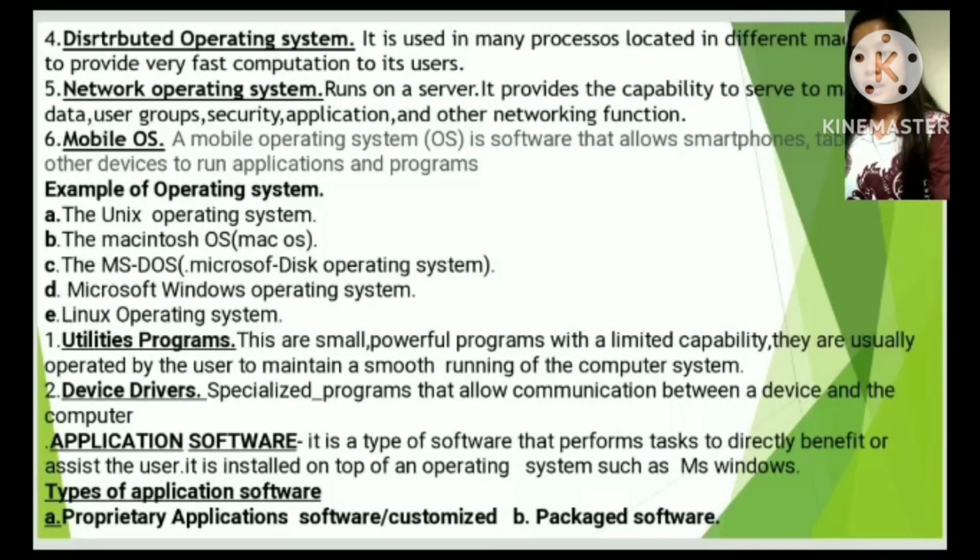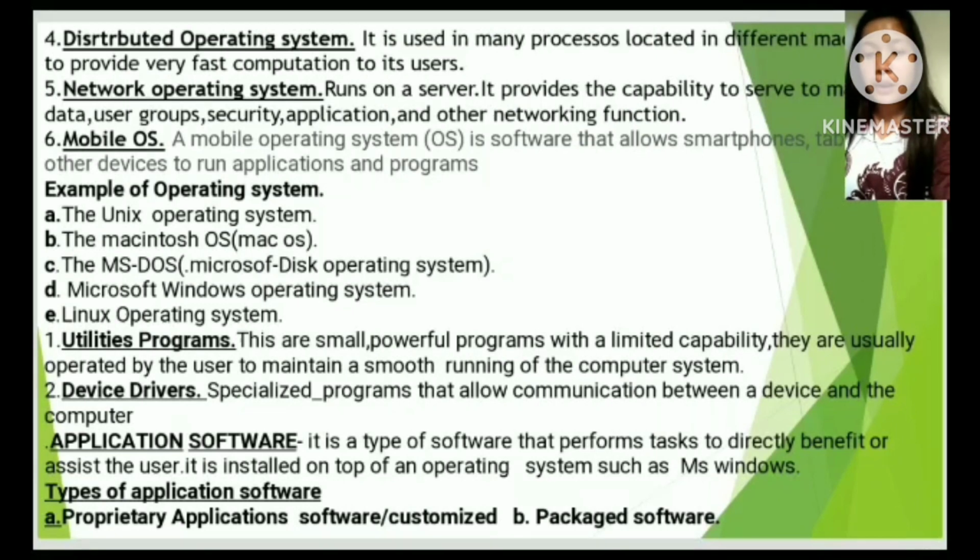A mobile operating system is one especially designed to allow and power smartphones, tablets, and wearable devices to run applications and programs. Some of the most famous mobile operating systems are Android and iOS, but others include BlackBerry, webOS, and Watch OS.